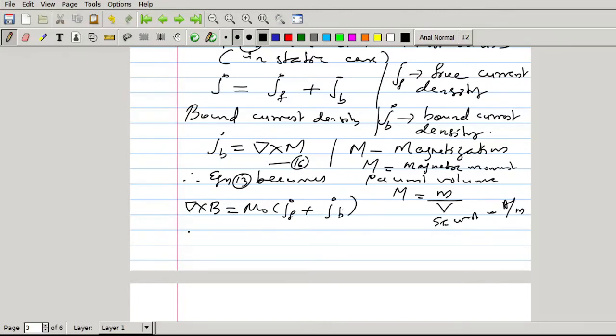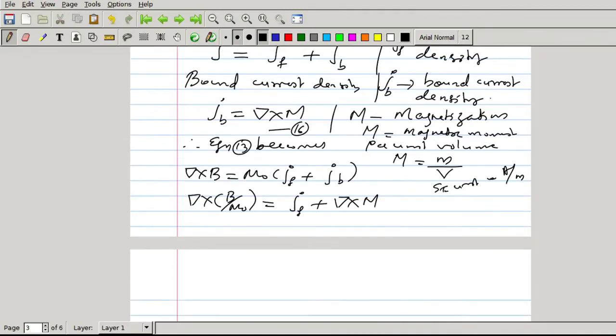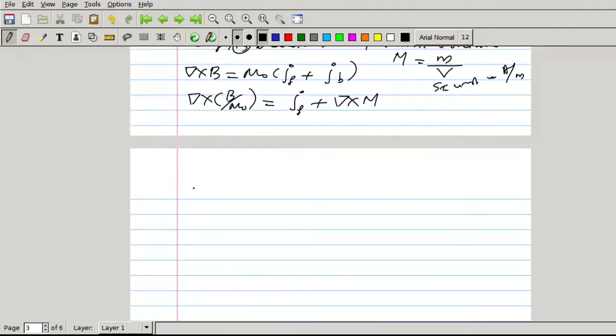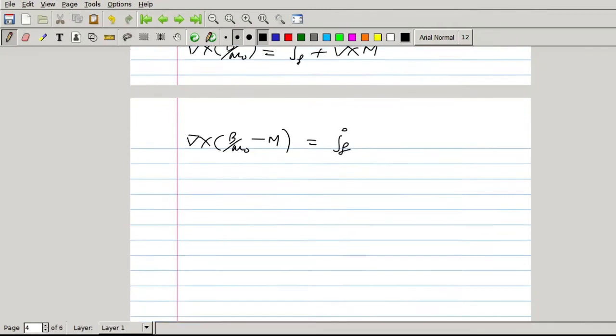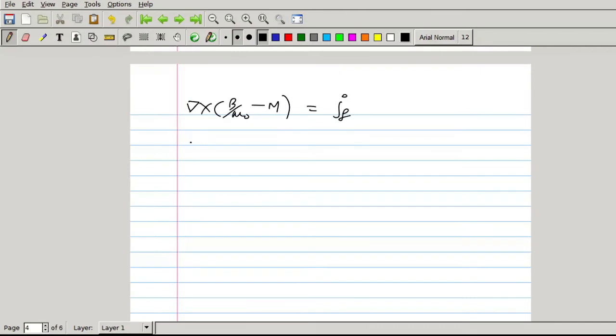Taking mu 0 to the left hand side, del cross B by mu 0 is equal to J free plus J bound, and J bound is del cross M. Taking this del cross M to the left hand side, we have del cross of (B by mu 0 minus M) is equal to J free. This B by mu 0 minus M we will call H. So del cross H is equal to J free.